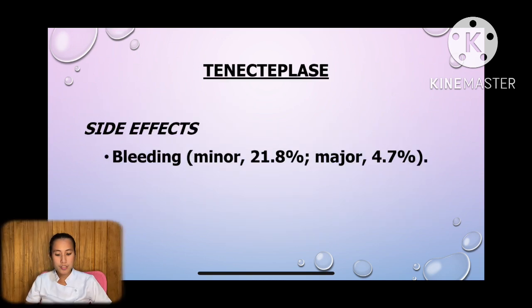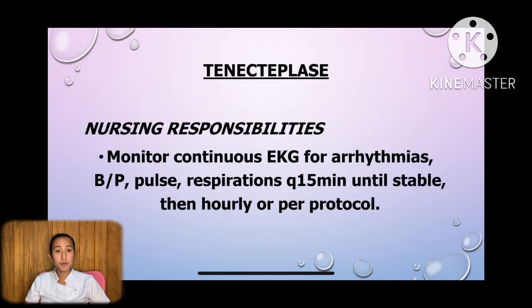Its side effects, bleeding, minor 21.8%, major 4.7%. The nursing responsibilities of this is to monitor continuous EKG for arrhythmias, BP, pulse, respiration, every 15 minutes until stable, then hourly or per protocol.